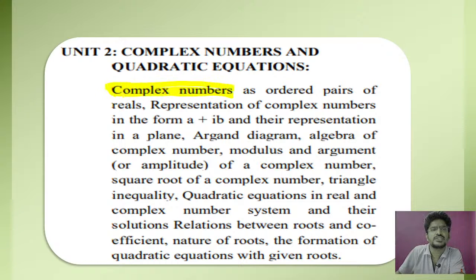First, you study complex numbers as ordered pairs of real numbers, and the representation of complex numbers in the form of a plus ib, and their representation in a plane, that is called the Argand diagram.